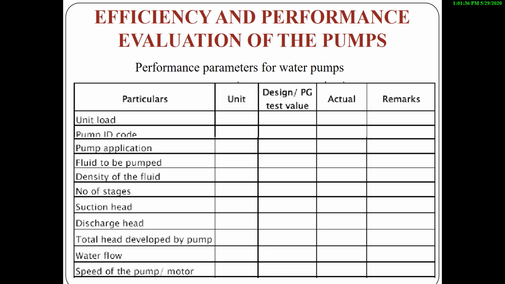Next, when we go for efficiency and performance evaluation of the pumps, we have to consider such particulars as unit load, pump ID code, pump application, fluid to be pumped, density of the fluid as we have already seen in the previous slides, suction head, discharge head, total head developed by the pump, water flow, and speed of the pump or motor.